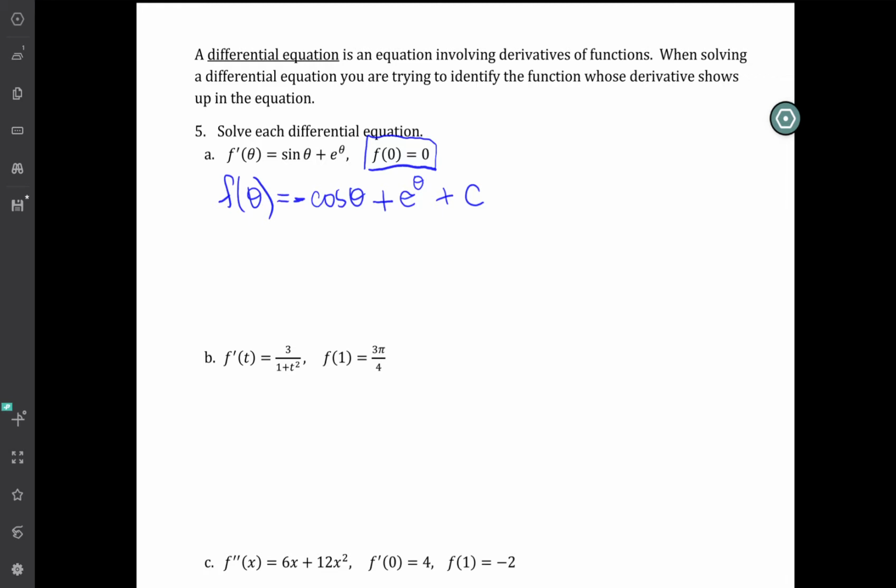Okay, so this is my general antiderivative, like a general solution to this differential equation, if we want to use that wording. When I plug in the point (0, 0), that's when I can actually find a specific solution.